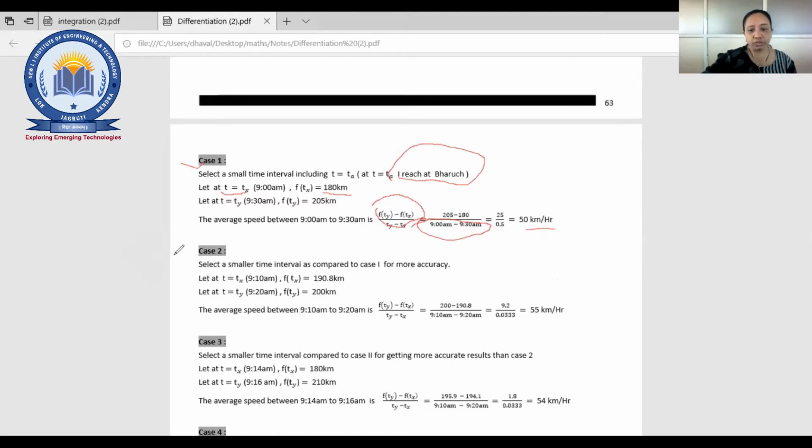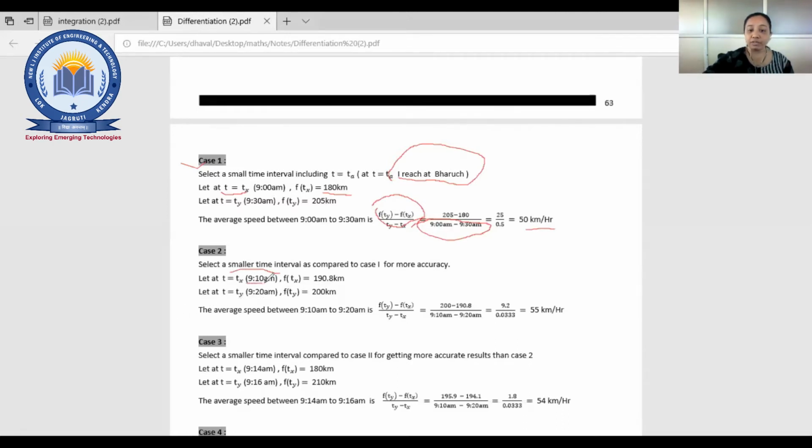Now we want the exact speed, so we'll take a smaller time interval. Here we have taken an interval of 30 minutes, 9 and 9:30. Now instead I'll take an interval of 20 minutes. At 9:10, f(tx) is 190 kilometers, and at ty, that means 9:20.